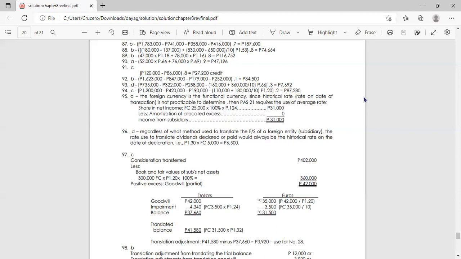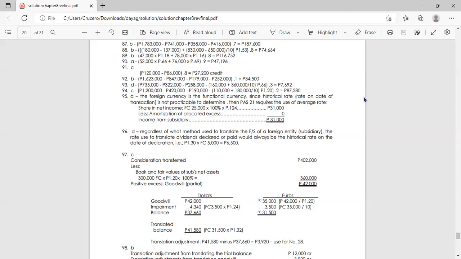The parent uses the equity method of accounting for its investment in the foreign subsidiary and determined that goodwill in the first year had an impairment loss of 10% of its initial amount. Exchange rates at various days during 20x5 follow. So we have January 1, November 30, December 31, and the average for 20x5.